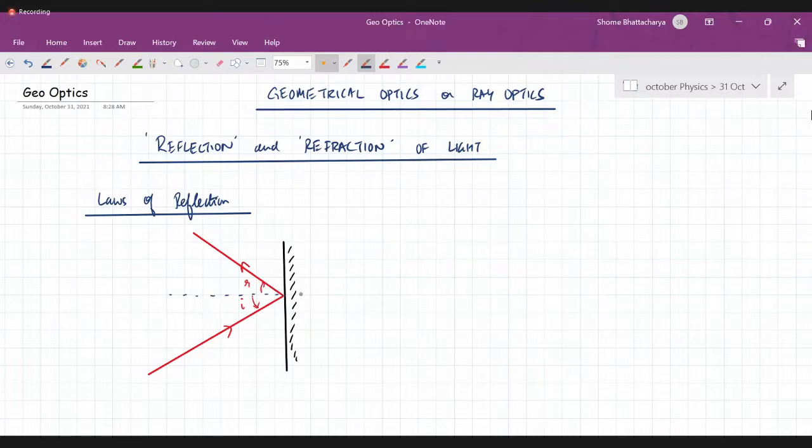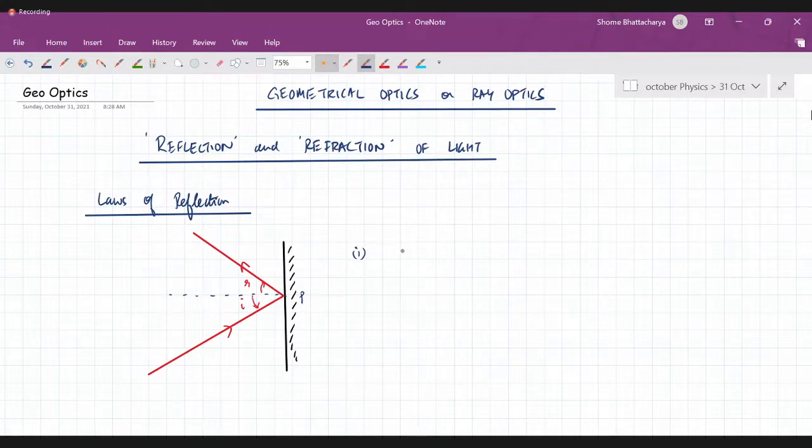So let's say this point P is the point of incidence. The first law of reflection is that angle of incidence is equal to angle of reflection. So first of all, what are these? Let's understand.